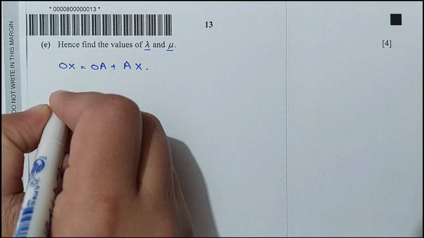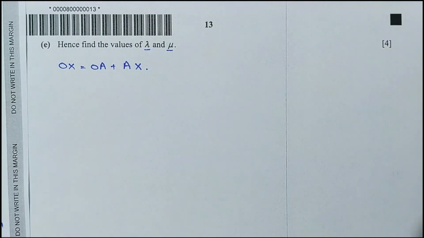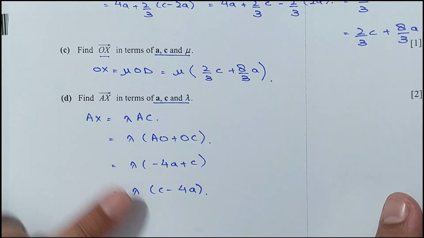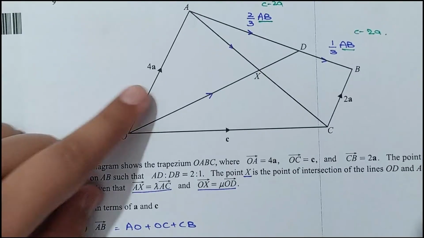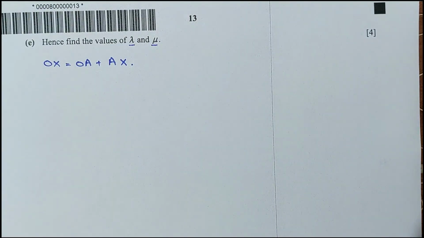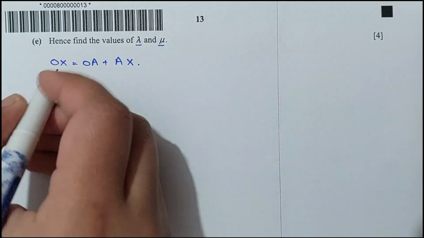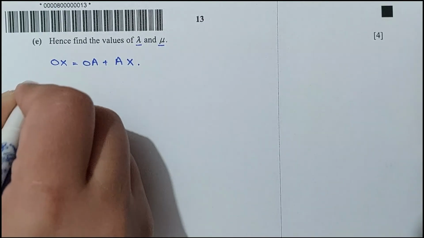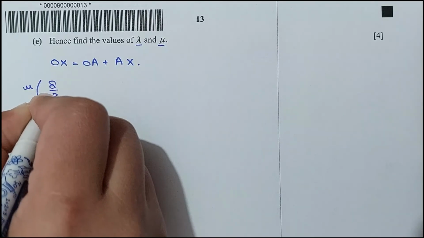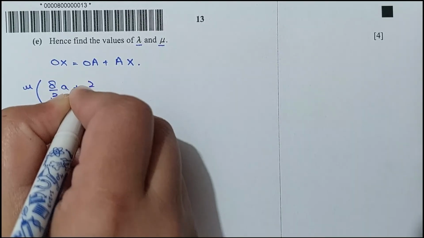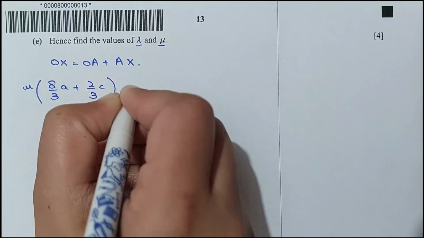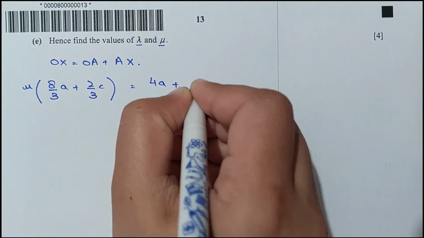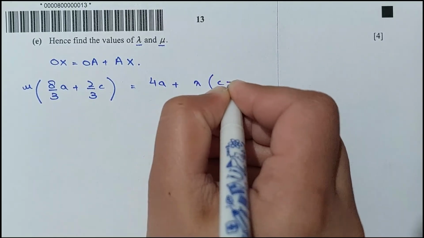OX we got in part c, and OA is 4a. Just substitute all the values. OX is equal to mu times (8 over 3 a plus 2 by 3 c). OA is 4a plus AX is lambda times (c minus 4a).